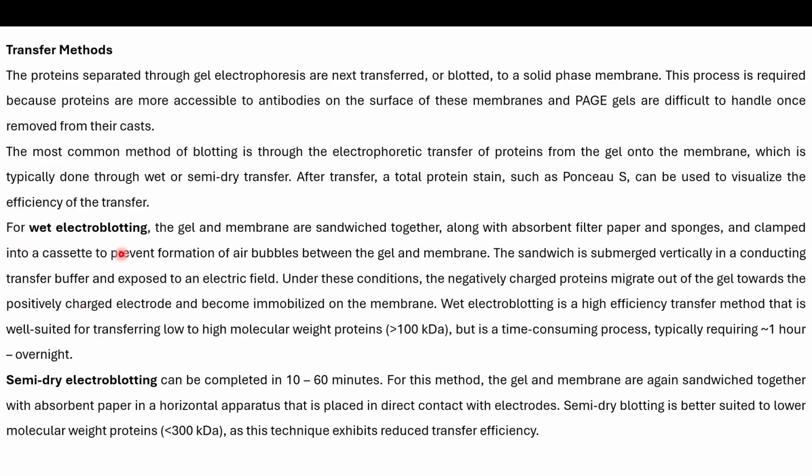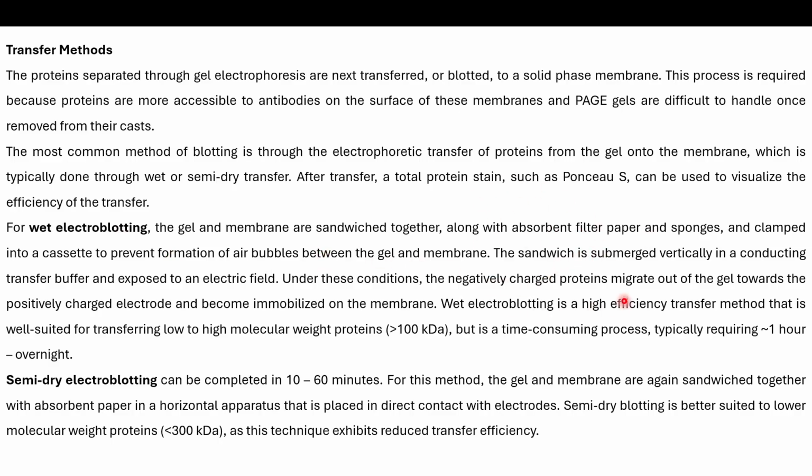For wet electroblotting, the most common method of blotting is through the electrophoretic transfer of proteins from the gel onto the membrane. For wet electroblotting, the gel and membrane are sandwiched together along with absorbent filter paper and sponges and clamped into a cassette to prevent formation of air bubbles between the gel and the membrane.